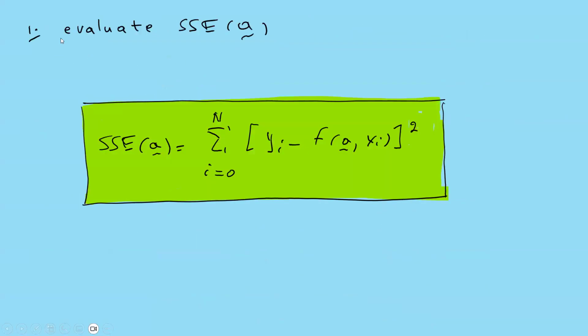Then we evaluate the SSE like in linear least squares, okay, but in the SSE for nonlinear equations, these functions, okay, the coefficients are nonlinearly dependent on each other, okay, and yi is the value of our variables for our data.